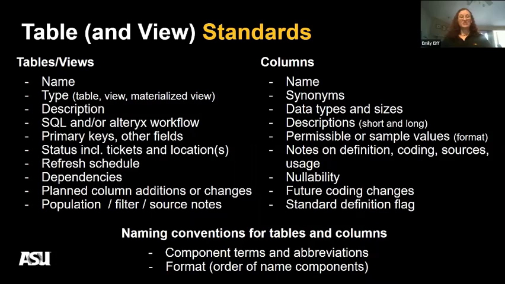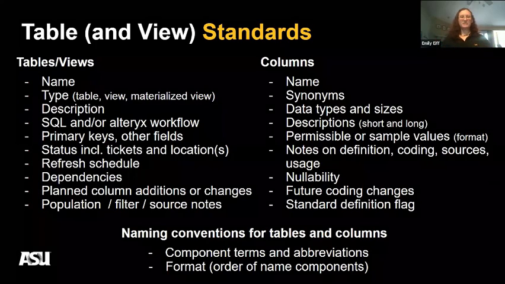Early in our process, we also decided that as we were designing these tables and starting to document them, the column and table names themselves needed some standardization. So we documented a corresponding list of terms and abbreviations, and that lives in our master workbook and looks like this. So these are component pieces, and we use these to build up table and column names.